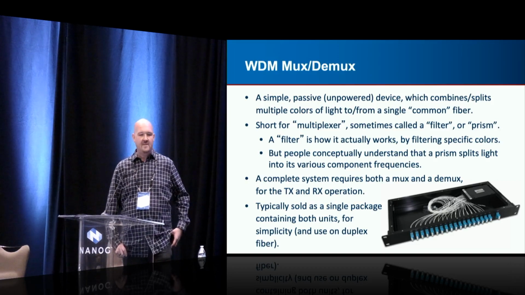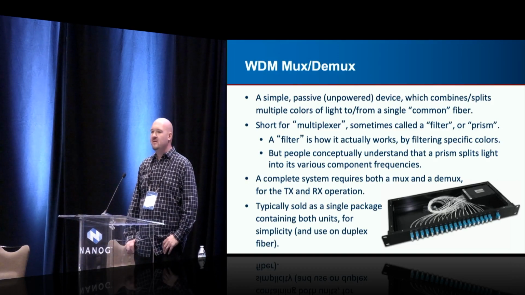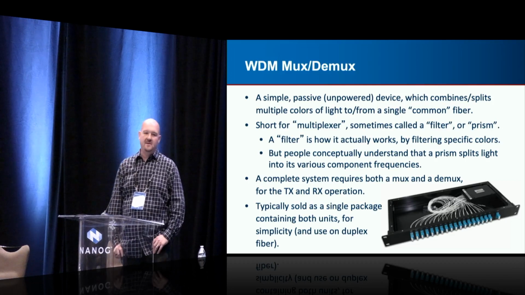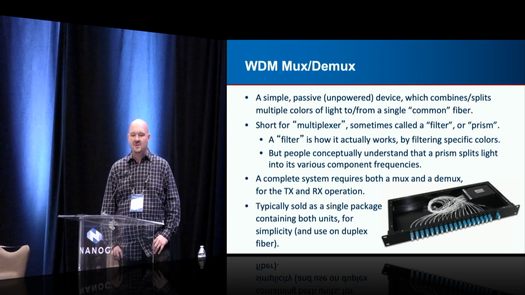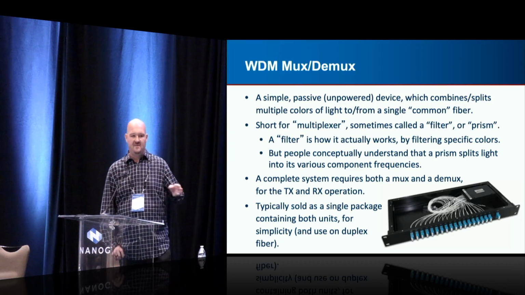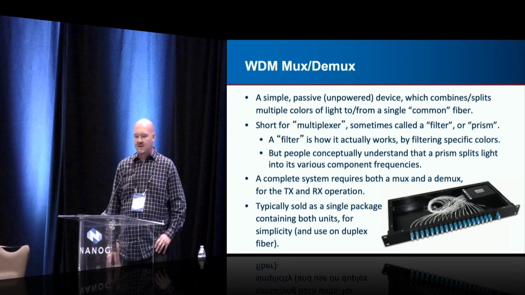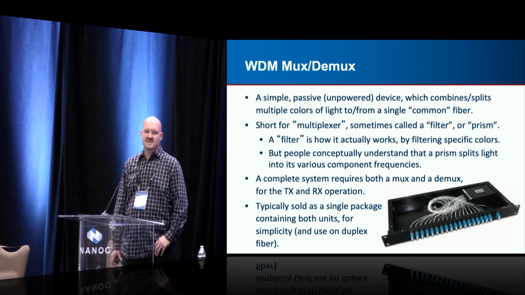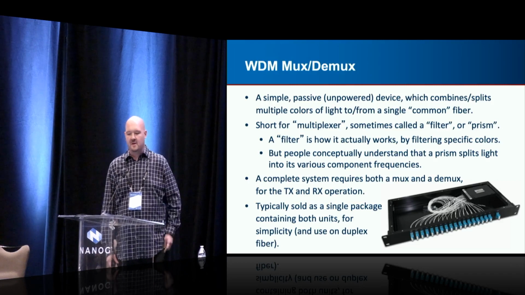So it's short for a multiplexer. Sometimes you'll hear it called a filter or a prism. A filter does a better job of describing how it actually works. You're actually filtering specific frequencies of light. But a lot of people conceptually understand that a prism is a thing that splits light, and so you'll hear it called a prism.